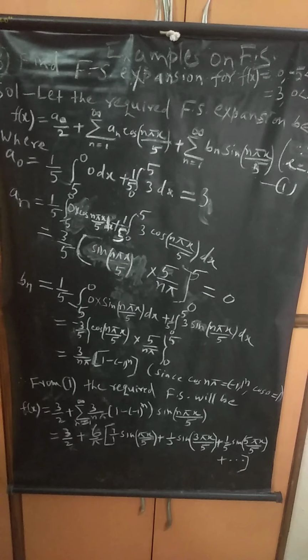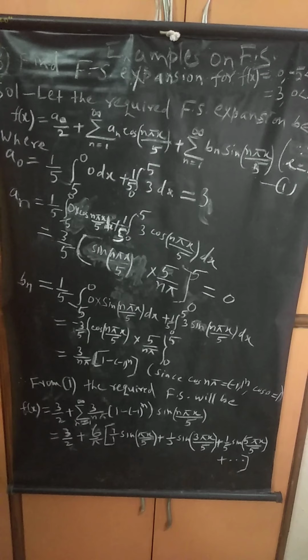Therefore a0 = 1/5 integral from minus 5 to 0 of 0 dx, because in minus 5 to 0 the function is 0, plus 1/5 integral from 0 to 5 of 3 dx, because in 0 to 5 the value of the function is 3.